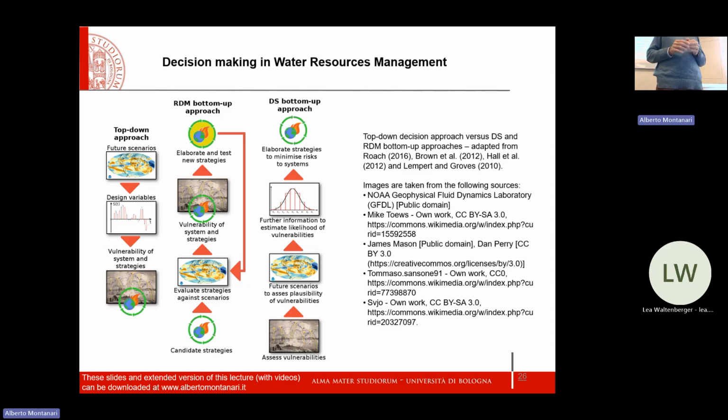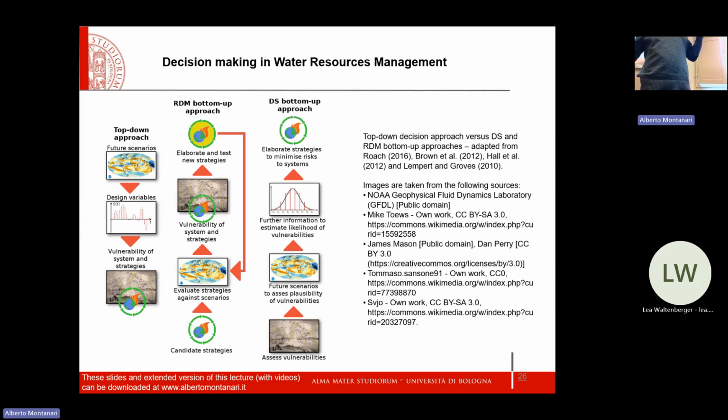It's called decision scaling. It was introduced about 10 years ago. It's another kind of robust decision-making, which was called decision scaling because it was introduced in order to identify what is the best scale of representation of future climate scenarios.